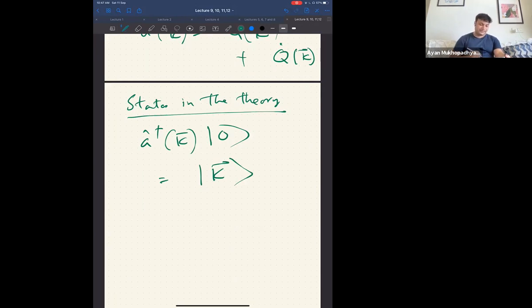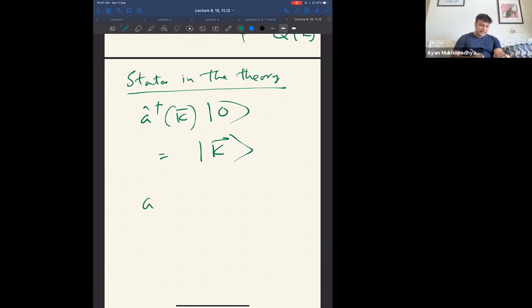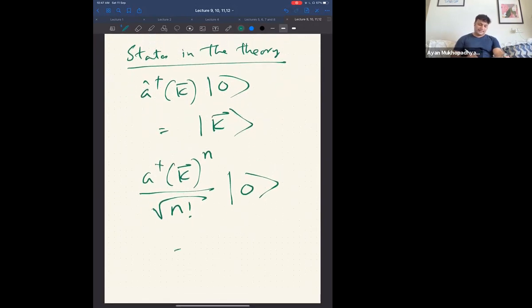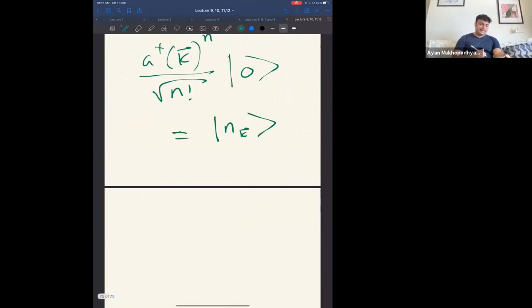That's very important. Suppose I do this: I apply a dagger k to the power n, and we saw that these are normalized states, on the vacuum, right? So basically I create a state which I call n_k. And this n_k has an energy. If I look at the energy of n_k, what will it be?